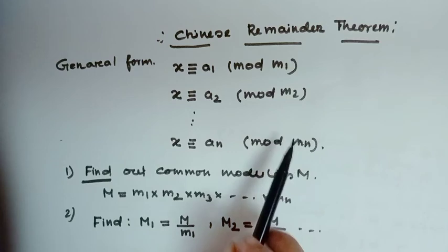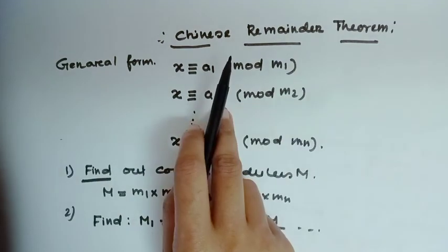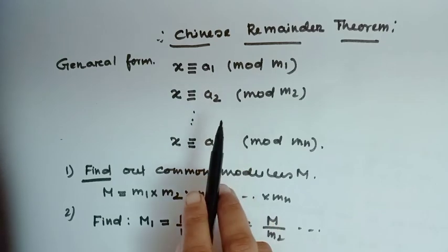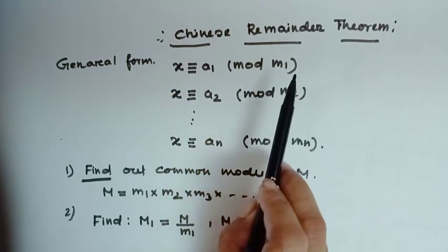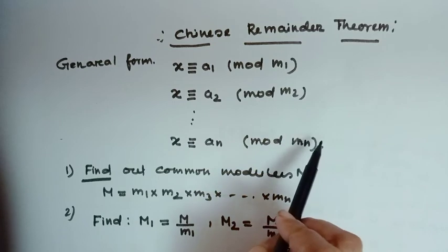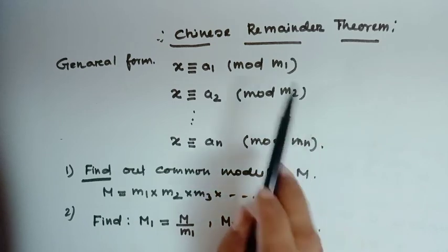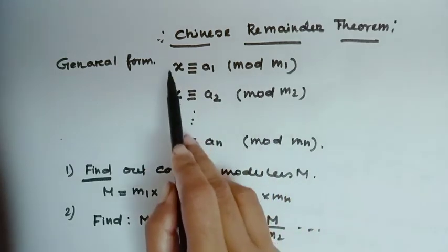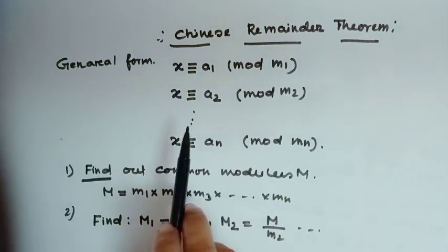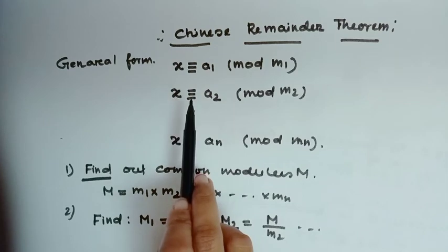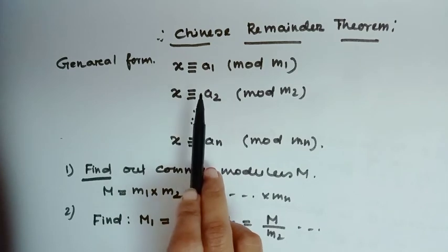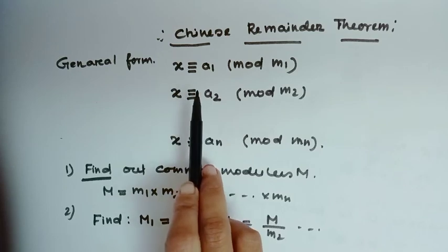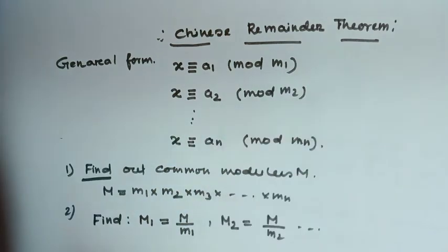This is the general form. You can see a1, a2, up to an and m1, m2, up to mn continuously change, but here x is fixed and we have to find this value of x. This is the unique solution of the Chinese remainder theorem.